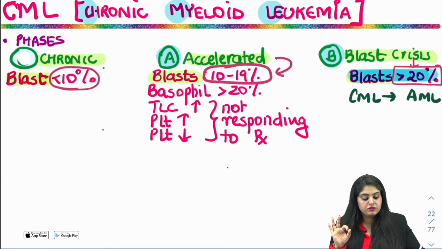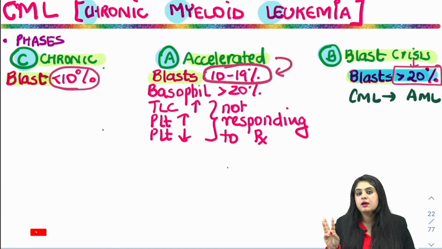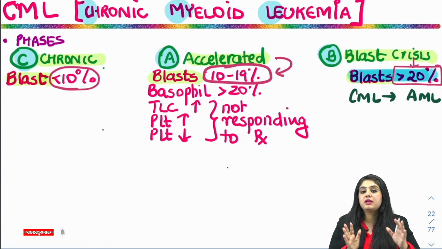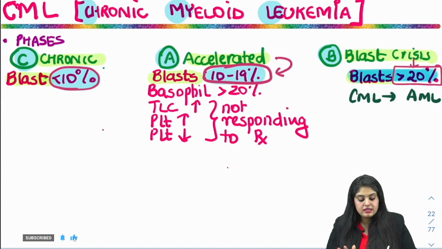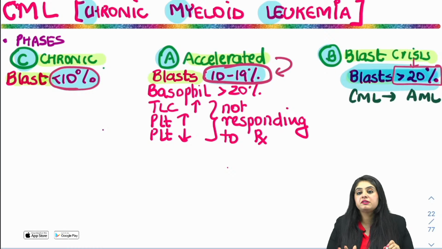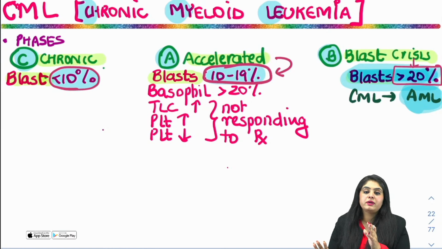There are three phases. The three phases are the CAB phases: chronic, accelerated and blast crisis. First, the blast cutoff: less than 10%, then 10 to 19%, and once it crosses 20%, it is going to go into acute leukemia. So this was the blast-related cutoff: less than 10, 10 to 19, more than 20.